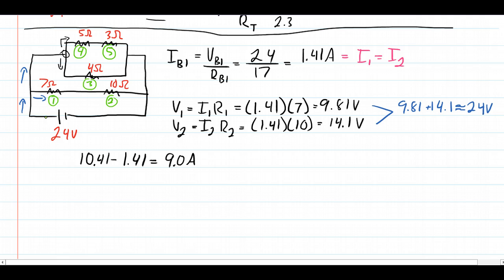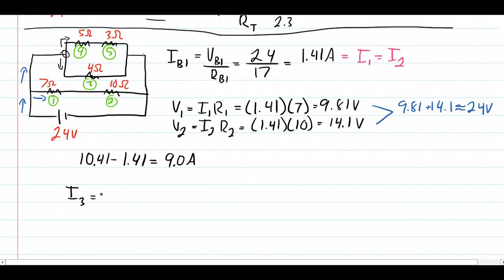So if I start here and I move around and go through this bottom branch right here, that voltage drop has to equal 24 volts, which means this bottom resistor, the 4 ohm resistor, has to have a voltage drop of 24 volts, sorry.